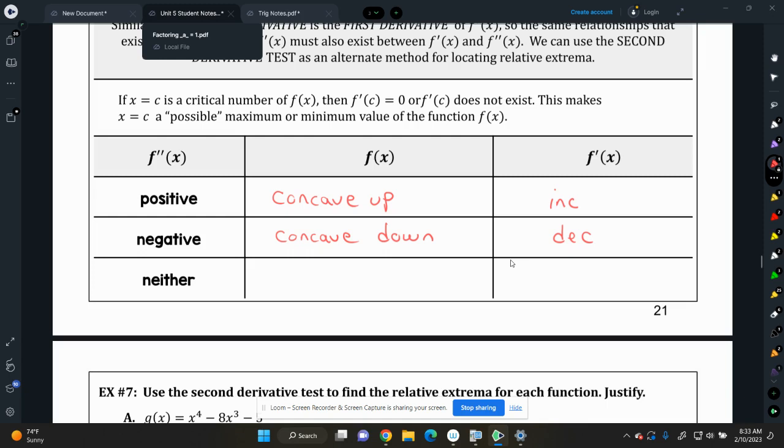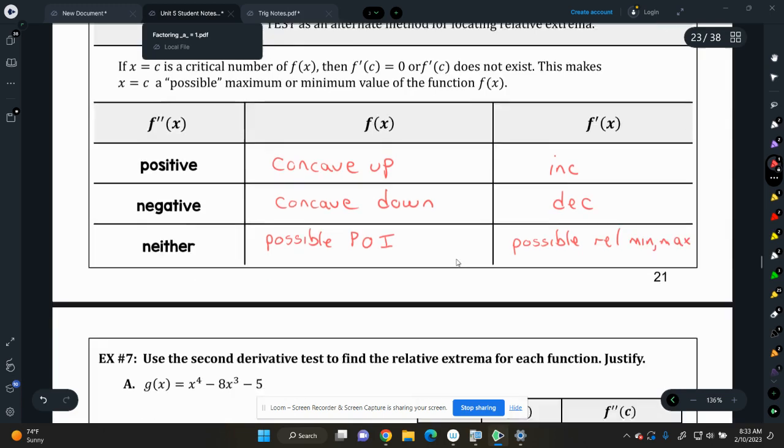Or it's going to be zero, rather. So if it's positive, it's above the x-axis. If it's negative, it's below the x-axis, right? So this just simply means this is a possible point of inflection, which means we have a possible relative min or max. Okay. So that's kind of a weird one.